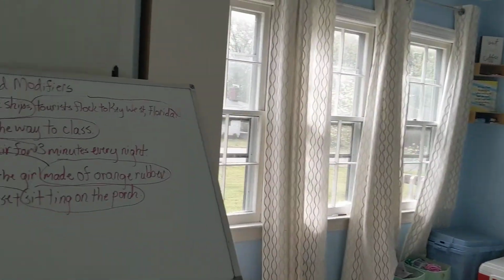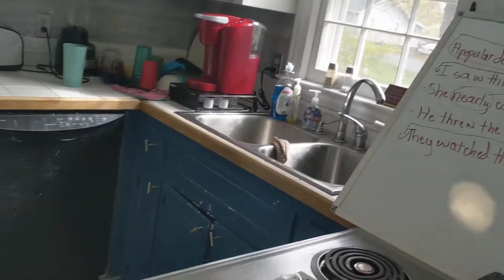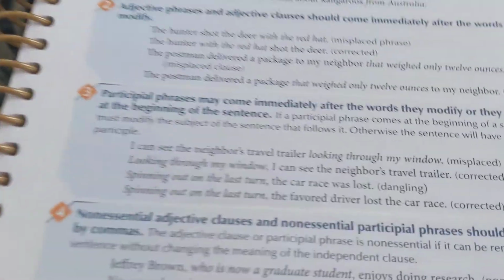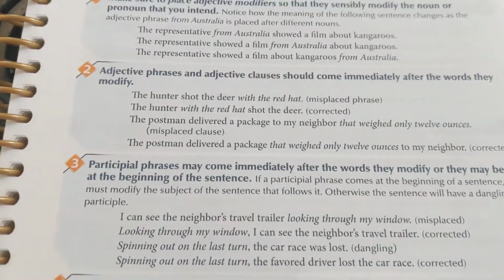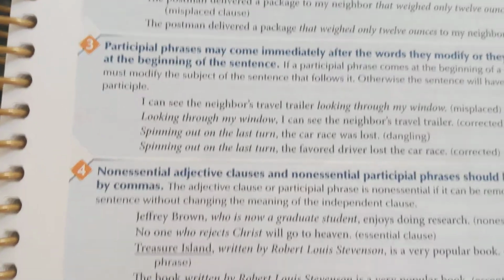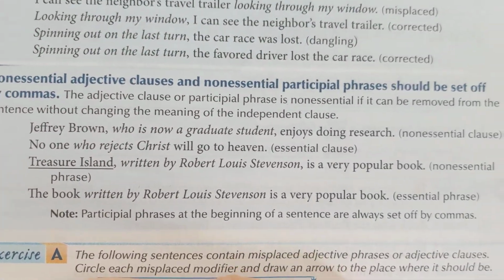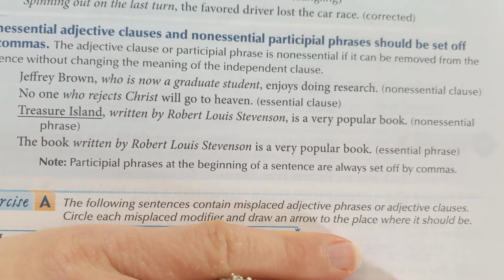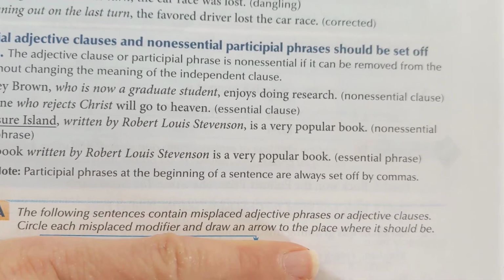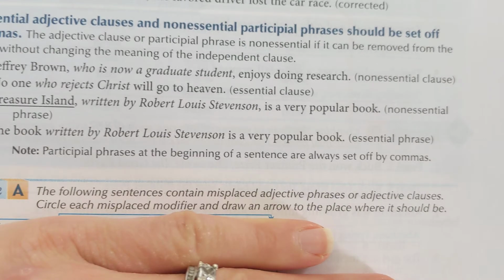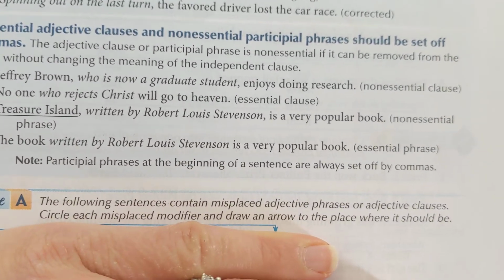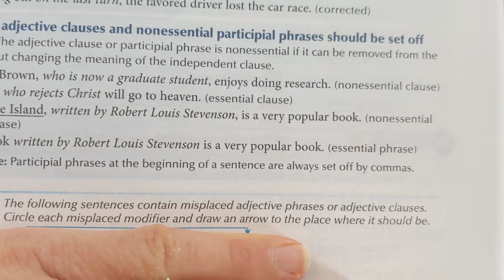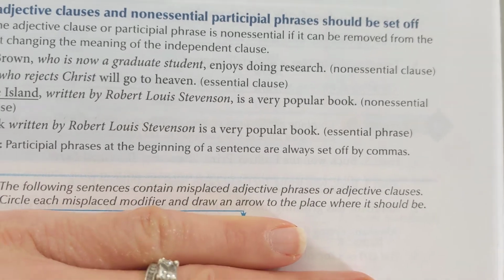So what we're going to do now is look at your book. I'm going to explain what you're going to do, not show you the answers, and then I'm going to show you number 1, just so you can understand what's going on. So the following sentences, exercise A, page 151. The following sentences contain misplaced adjective phrases or clauses. You're going to circle each misplaced modifier and draw an arrow to the place where it should be.